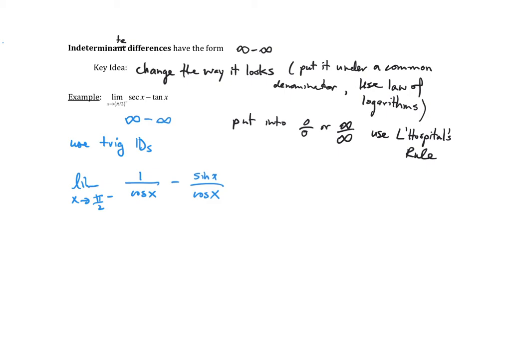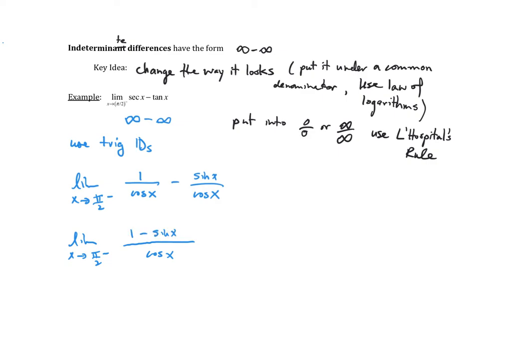And now that I have a common denominator, let me rewrite this as the limit as x goes to pi over 2 from the negative side. This will be 1 minus sine of x in the numerator. And in the denominator, we're going to have cosine of x. Okay. Now we know that sine of pi over 2 is 1. So this means you're going to have 1 minus 1.